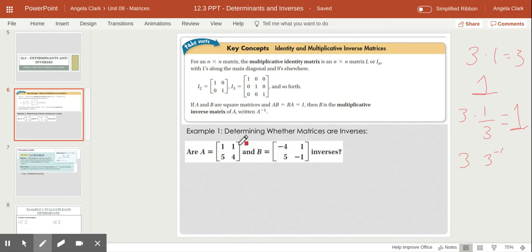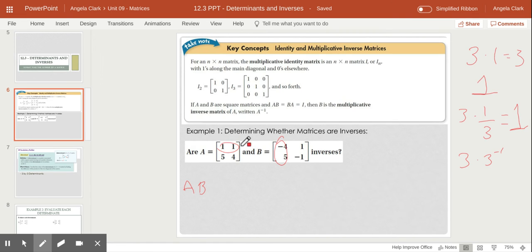All right, so to determine whether two matrices are inverses, we can just multiply them together and see if we get the identity. So let's do that. If we remember our matrix multiplication, we do A times B. We do row times column.